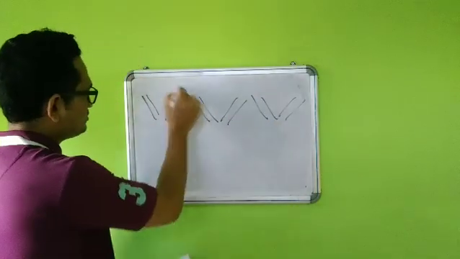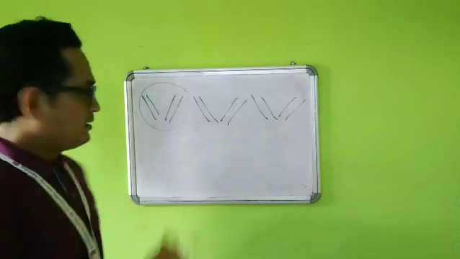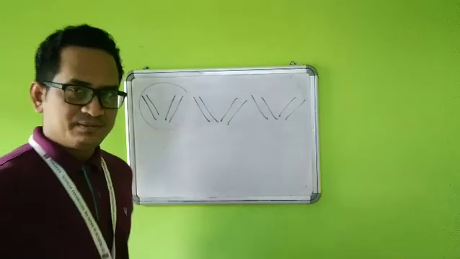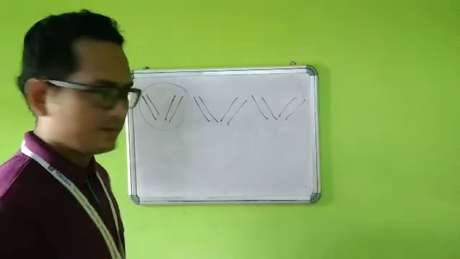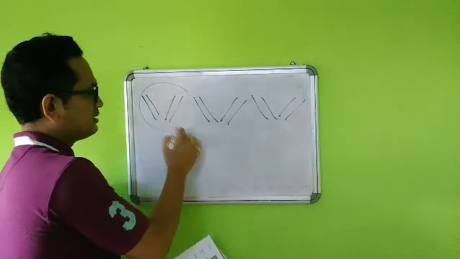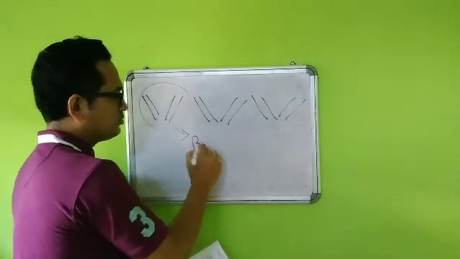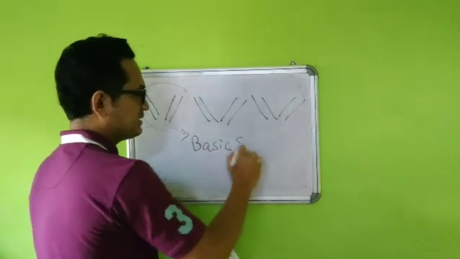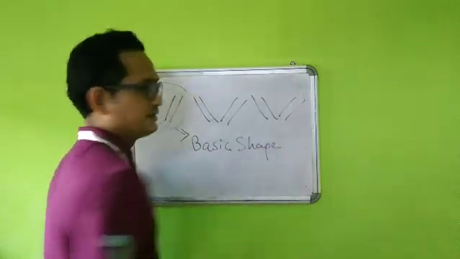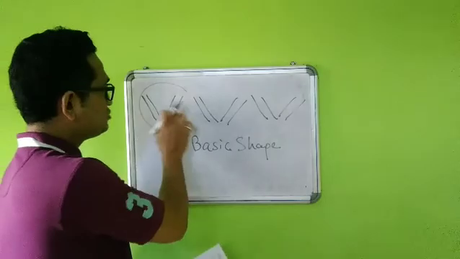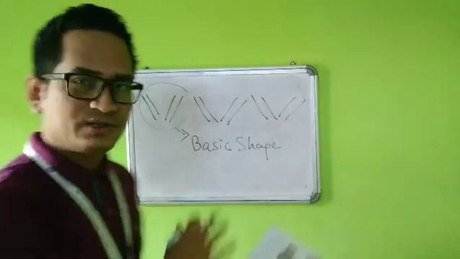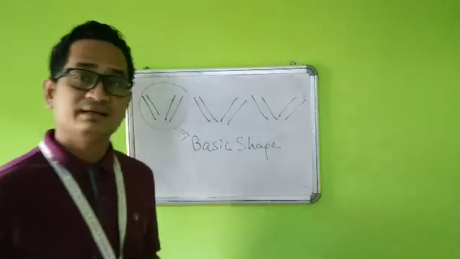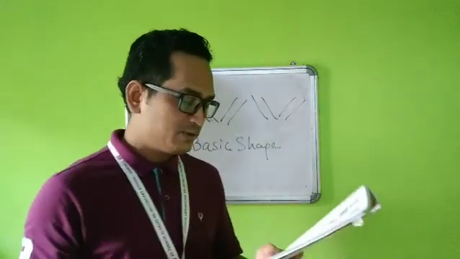So in this case students, you can see that with these two shapes or designs, this whole pattern is continuously going on. That means these two shapes will be known as the basic shape. These two shapes are actually creating the whole pattern. That is why these two shapes will be known as the basic shape. Fine students. So that is about the basic shape.